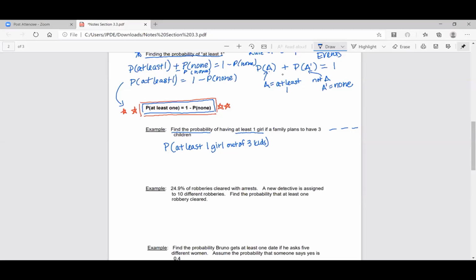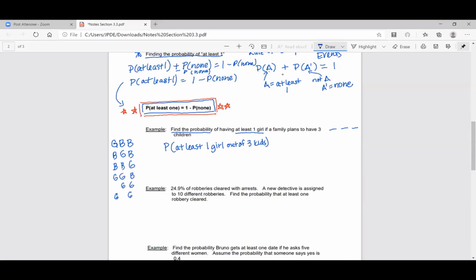So you have your 3 kids. The first one could be a girl. The middle one could be a girl. The last one, the youngest, could be a girl. All of those situations have exactly 1 girl. You could have 2 girls. They could be the first 2. They could be the second and the third.